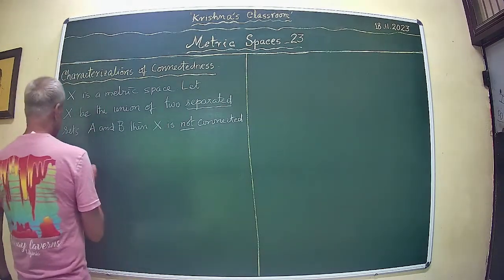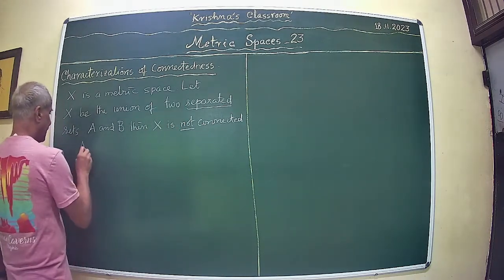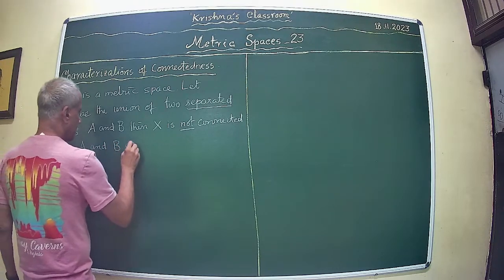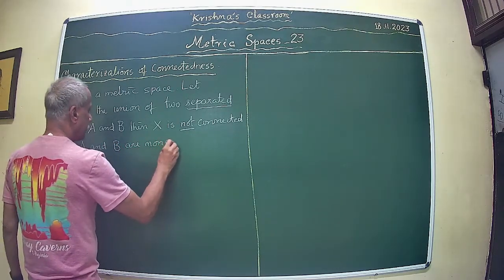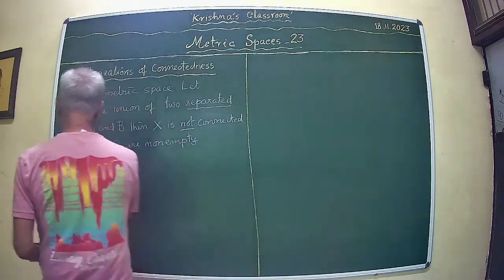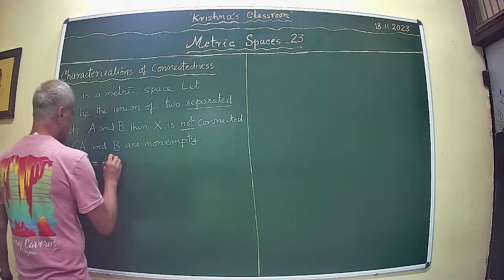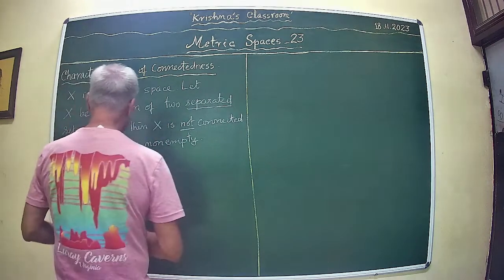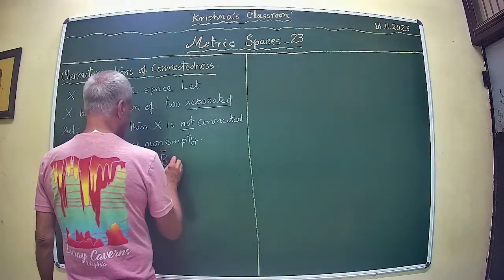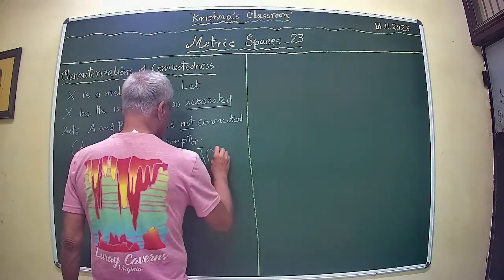So what you have is this. To elaborate on this point, we say that A and B are non-empty, and you have X equal to A union B, and we have A intersection B closure is empty, A closure intersection B is empty.